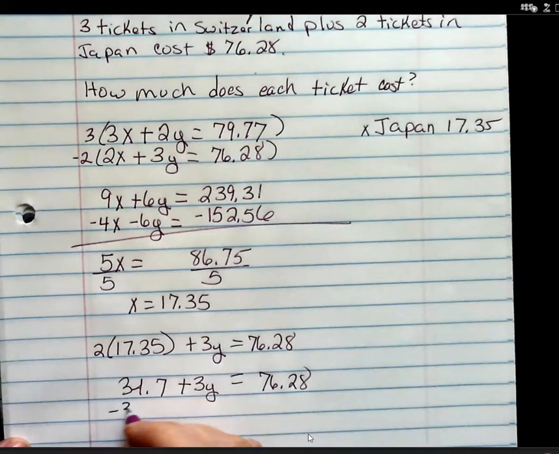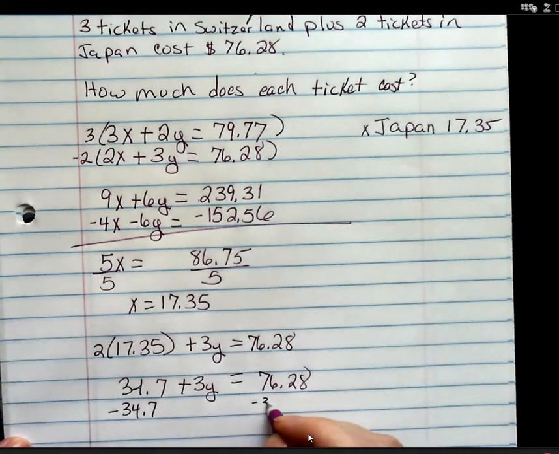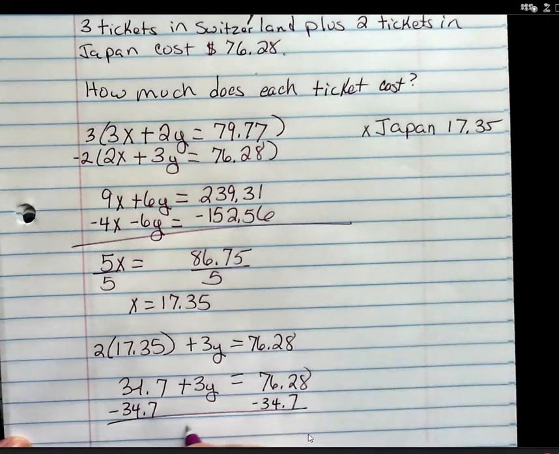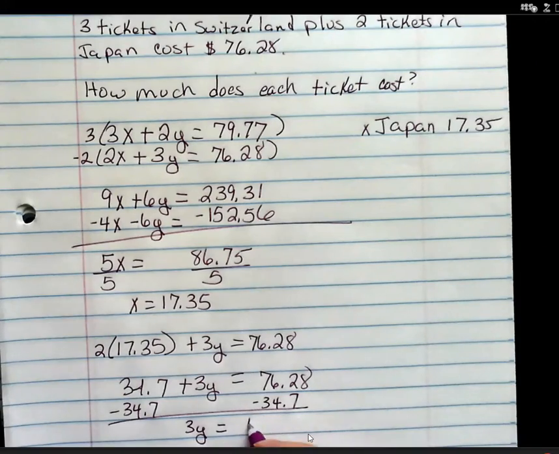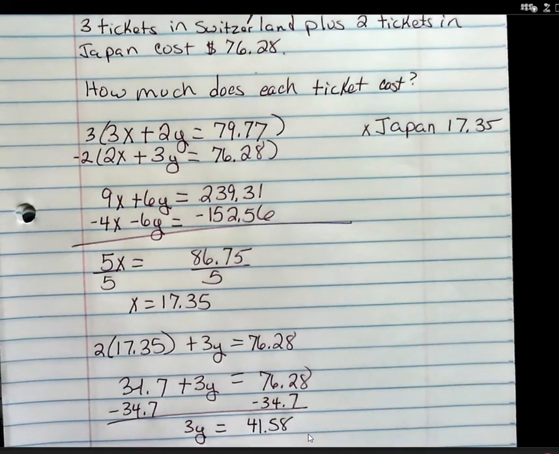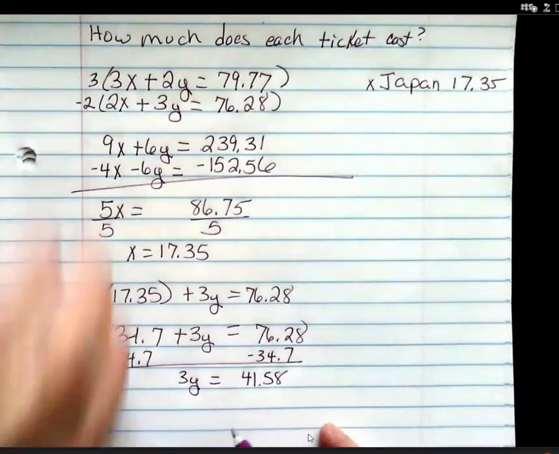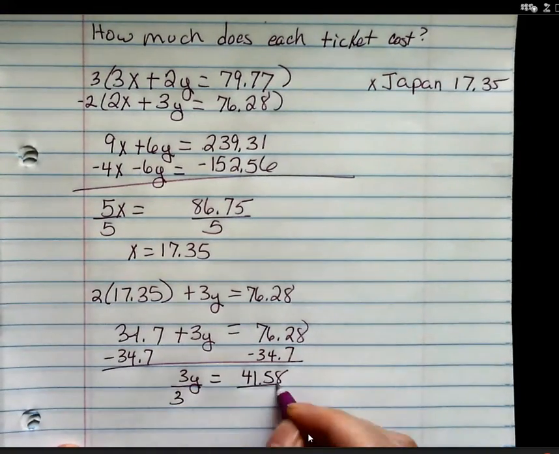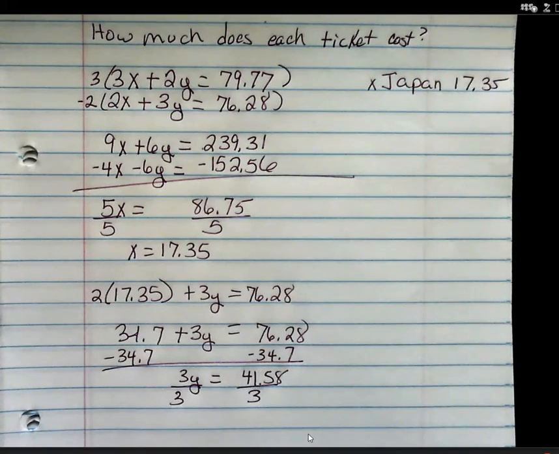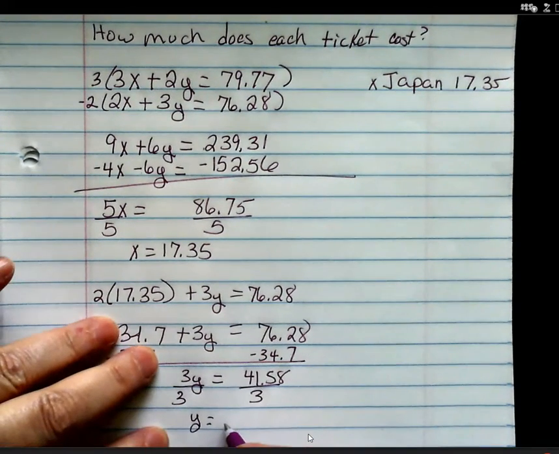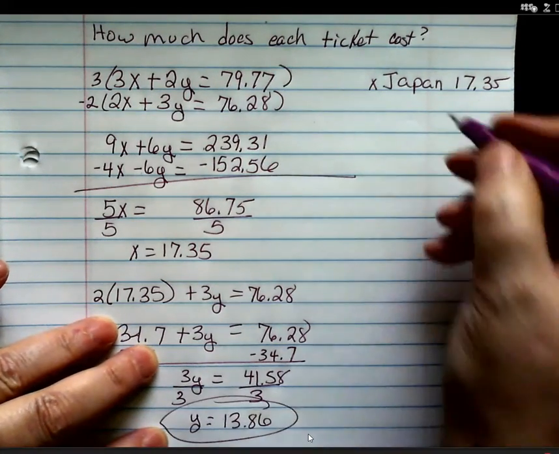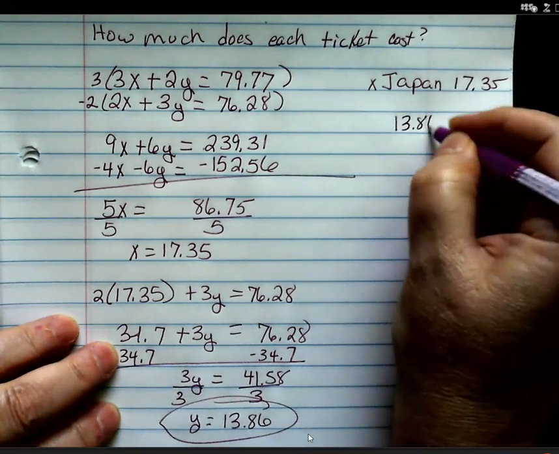I'm going to subtract 34.7 from both sides. It's going to give me 41.58. I'm going to divide both sides by 3. And that's going to give me $13.86. So that means Switzerland cost $13.86.